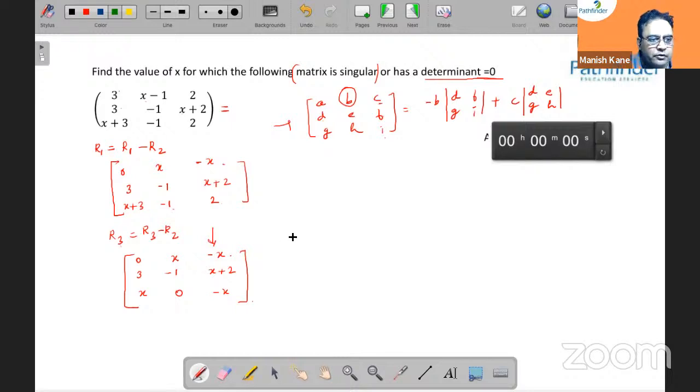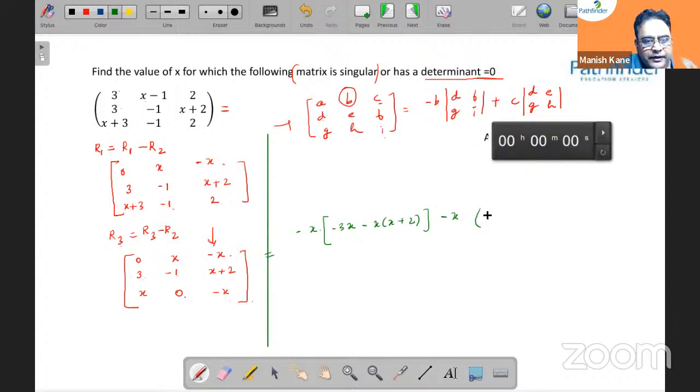So what should I do? Minus x, and let me put a line there so that there is some distinction. Minus x, and I'll straight away multiply 3 into minus x gives me minus 3x, minus x into x plus 2. This is the first part. And minus x, 3 into 0 is 0.